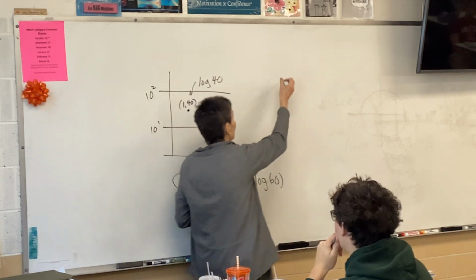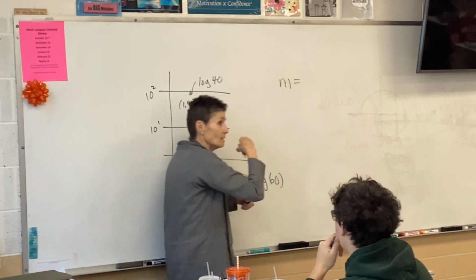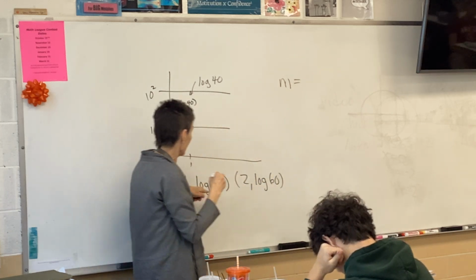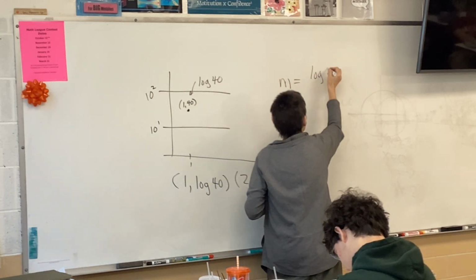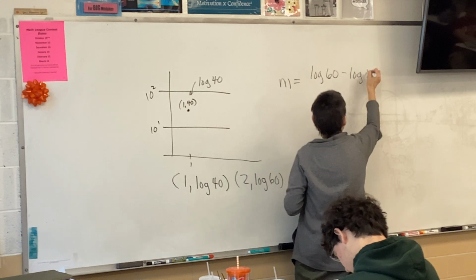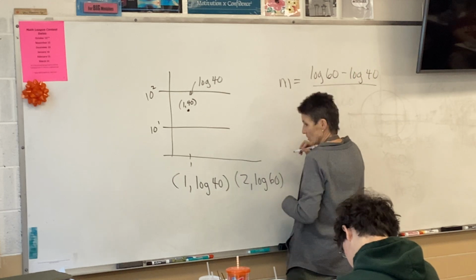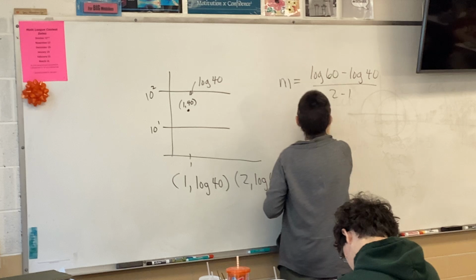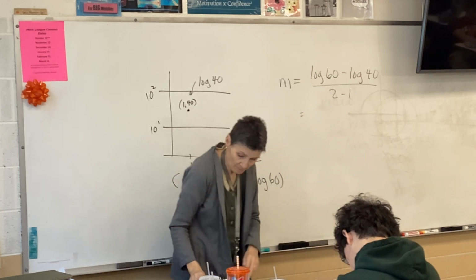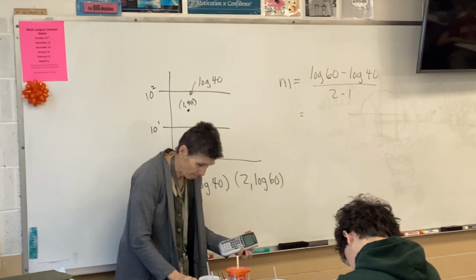So what do we need to find? We need to find our slope: log 60 minus log 40 over 2 minus 1. All right, let's go ahead and type that in our calculator.